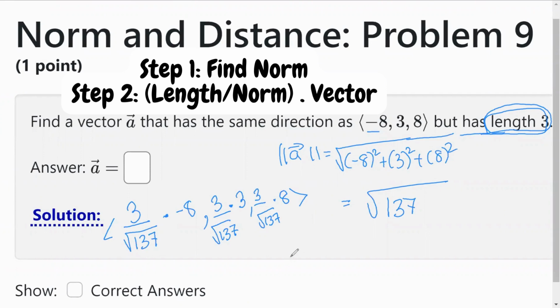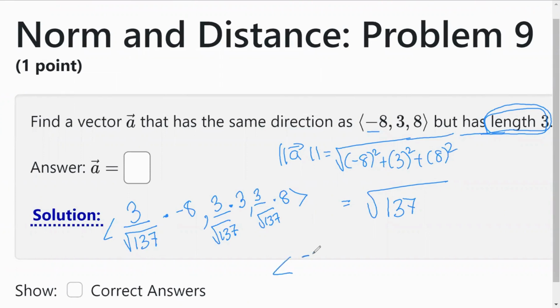So now I can rewrite this. It's going to be -24 divided by square root 137, comma, 9 divided by square root 137, comma, 24 divided by square root 137. This is my answer for this question where they have given me the length.